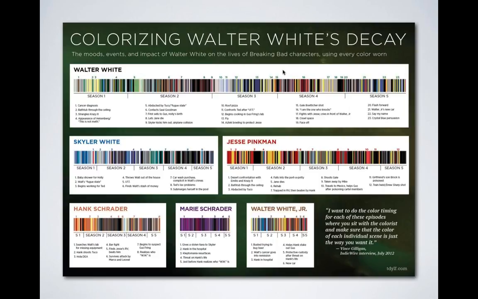What this infographic shows is the colors associated with all of the major characters in the show in every episode from every season of Breaking Bad, which, to think that someone sat down and documented this is impressive, but it's very useful, at least for me, because it gives me something to show you guys.